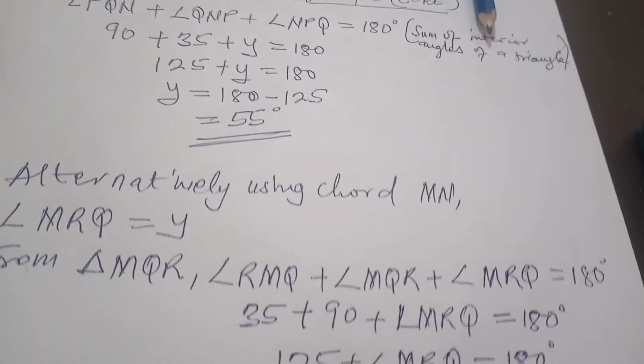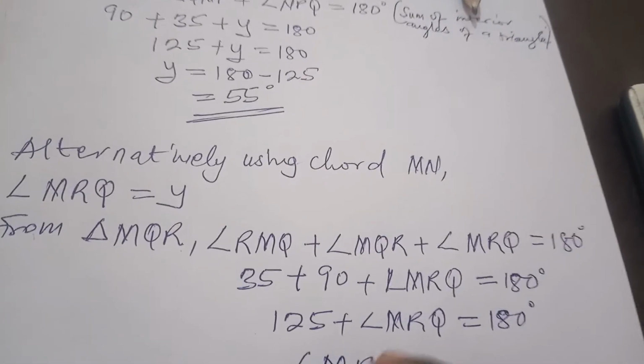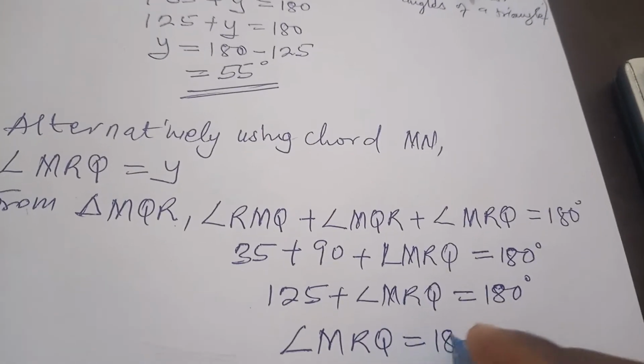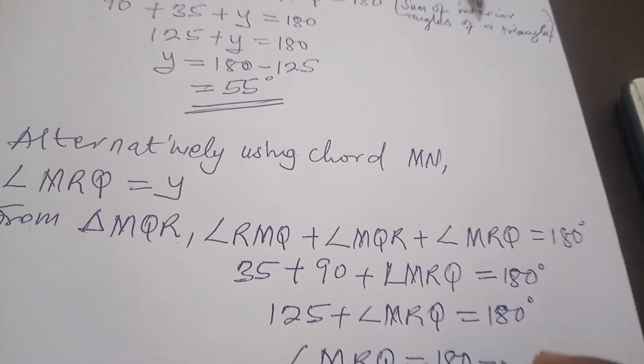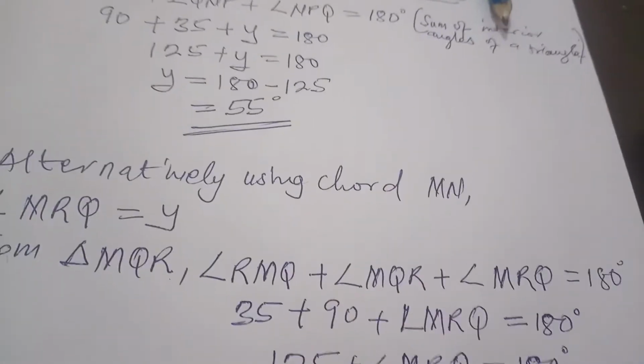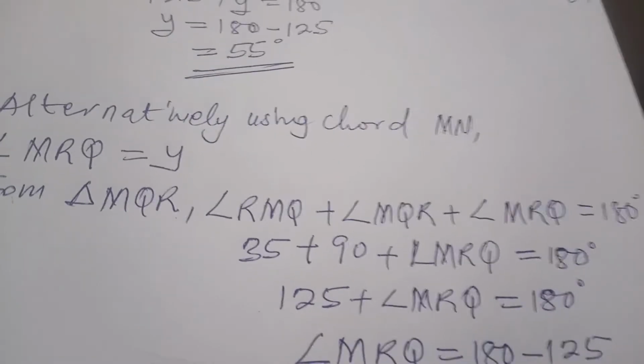So angle MRQ will be equal to 180 degrees minus 125, which will give us 55 degrees.